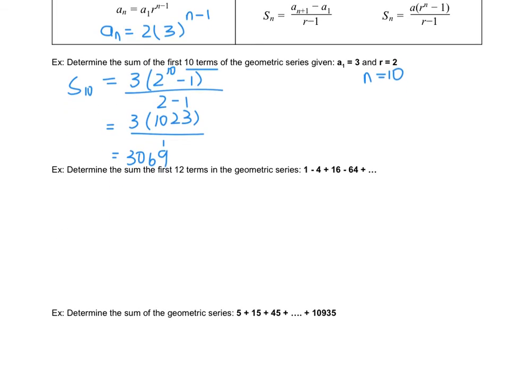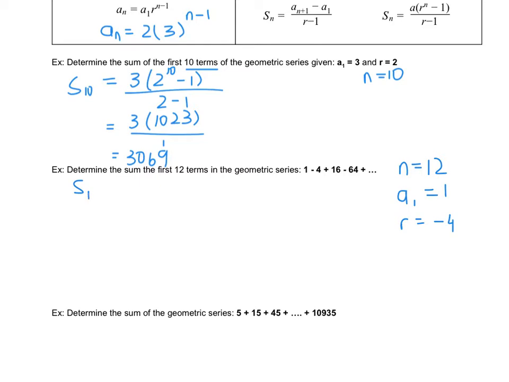Determine the sum of the first 12 terms in the geometric series 1 minus 4 plus 16 minus 64, and so on. So I know that n is 12. I know my first term is 1. But now for my ratio, to go from 1 to negative 4, I'm multiplying by negative 4. And then let's just try it out. Negative 4 times negative 4 is positive 16, so that's perfect.